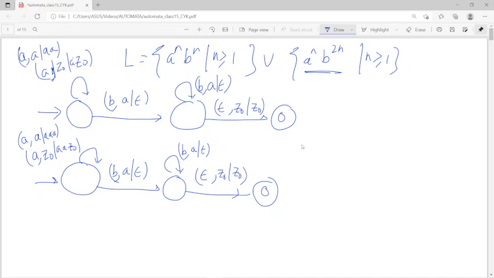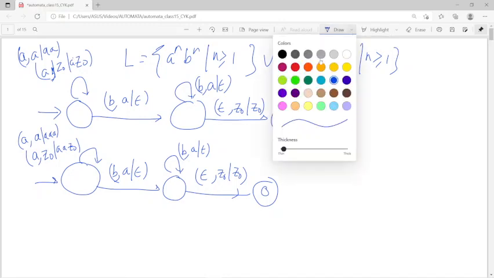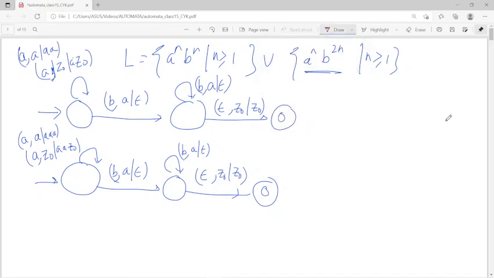power 2n. So that means since we are doing it non-deterministically, that means it is the union, that means you have to accept this language, either this one or this two. That means আমরা এখানে কি করতে পারি, I can draw another state, right?